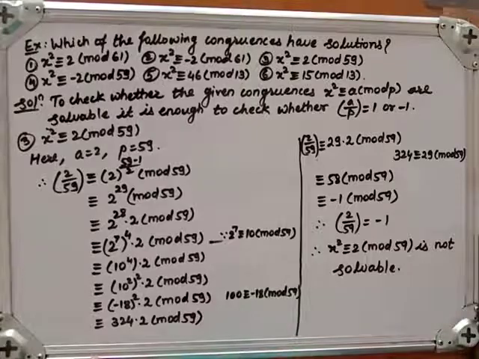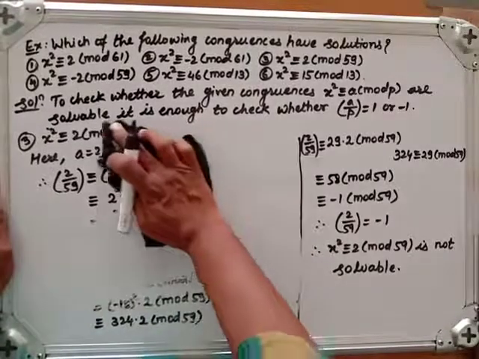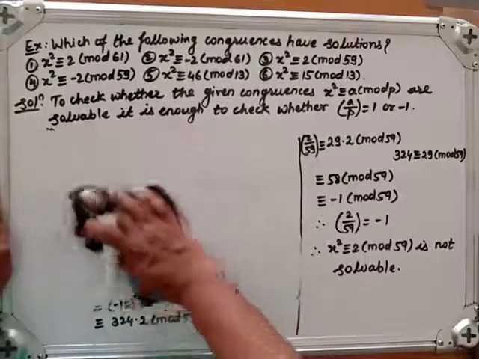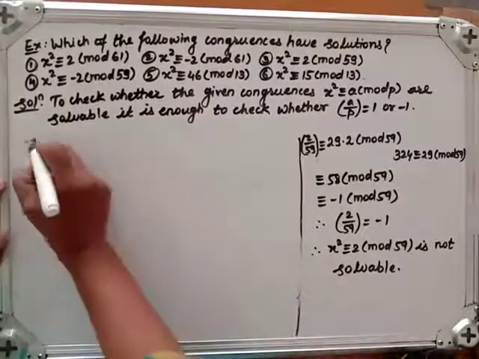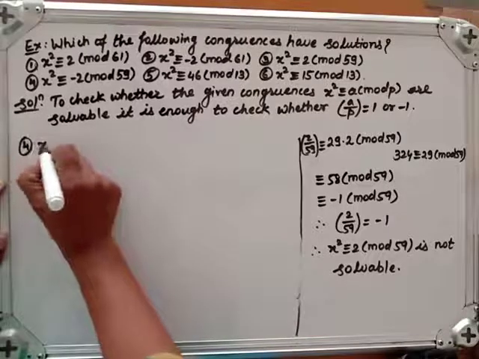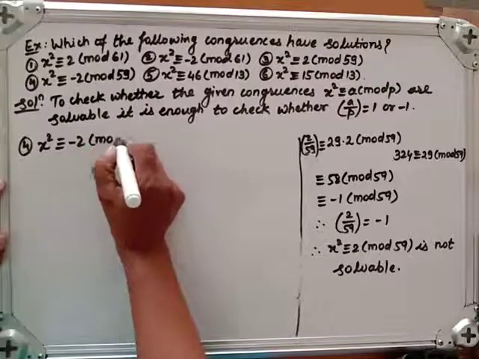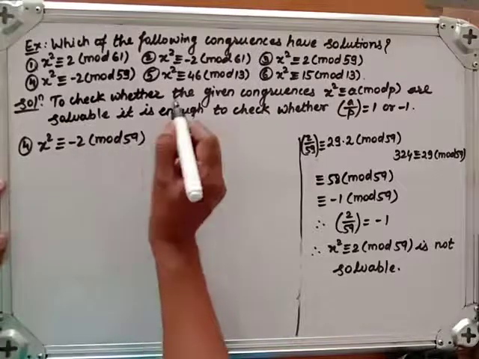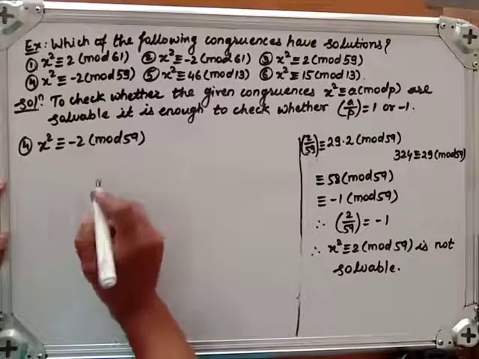Okay. Again let's go for the next one. What does that? It is x squared congruent to minus 2 modulo 59. Fourth one. x squared congruent to minus 2 modulo 59. Just like the second question, we will use this third one for solving this fourth one.